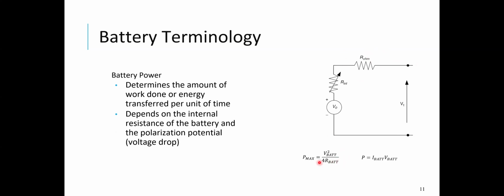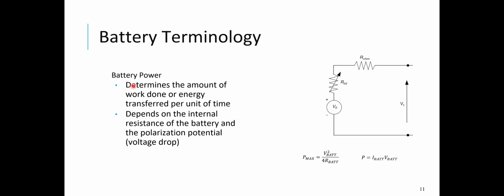So when I do the math, that's what I end up with. The Pmax is Vbat squared divided by 4 times the internal resistance of the battery. And obviously, from this equation, the smaller the internal resistance of the battery, the higher Pmax becomes.